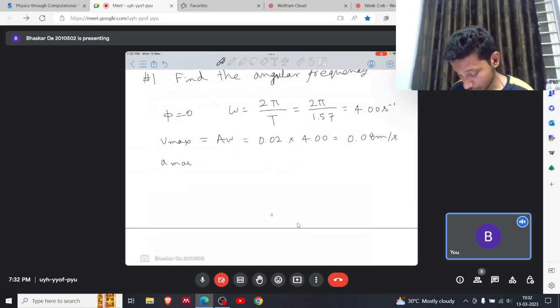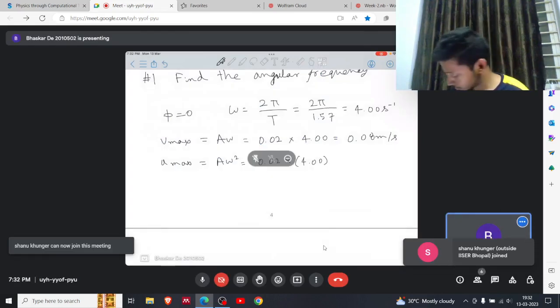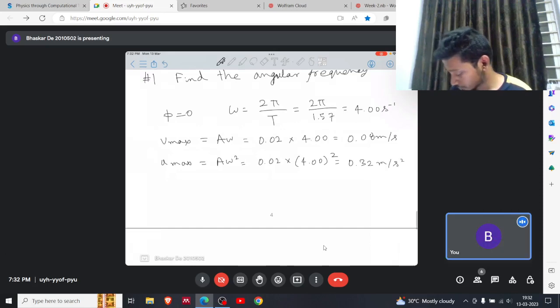Now the maximum acceleration is A omega squared, that is 0.02 into 4 squared, which is 0.32 meter per second squared.